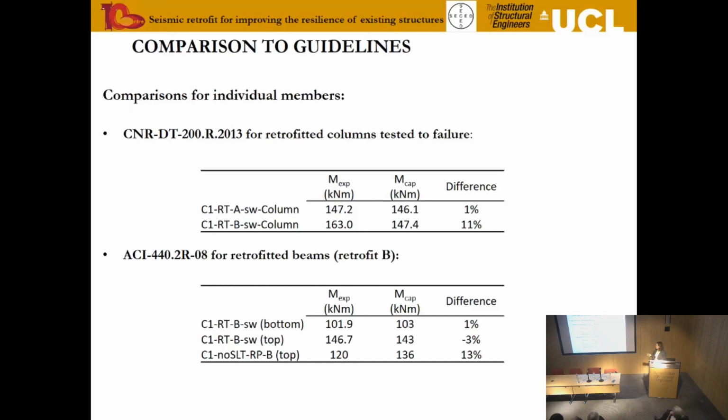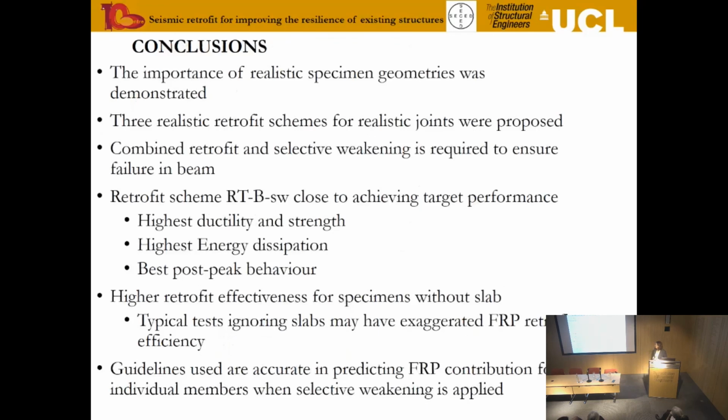So if we're looking just at the columns or at the beams, retrofit beams, we find very close matching with the current guidance. So if you weaken the slab, because the codes assume no slab, then actually you can use the codes. So it seems a bit odd, but that's what we found.